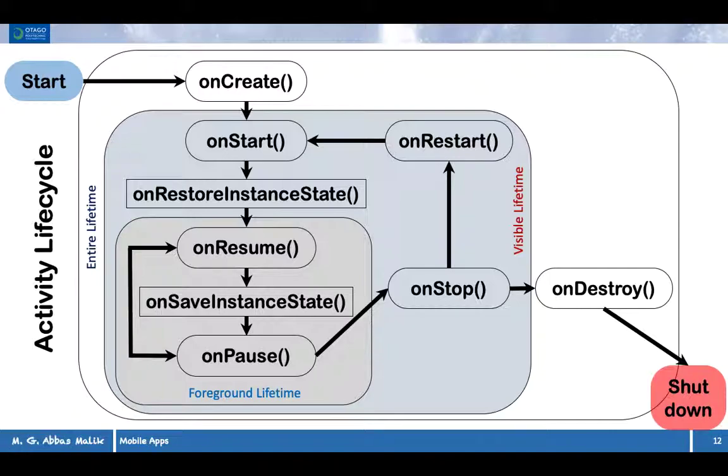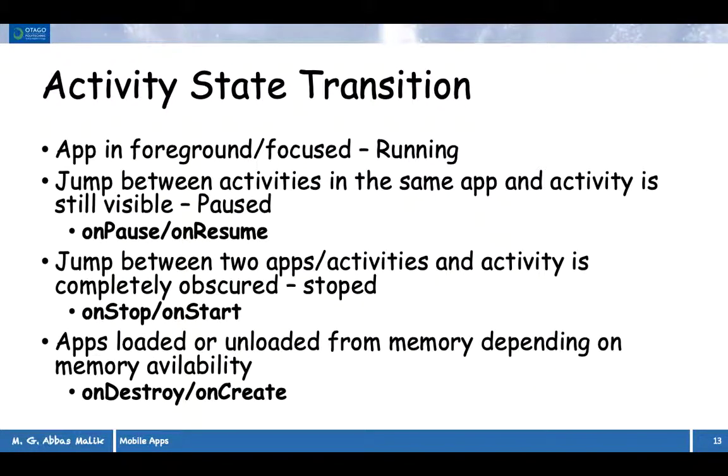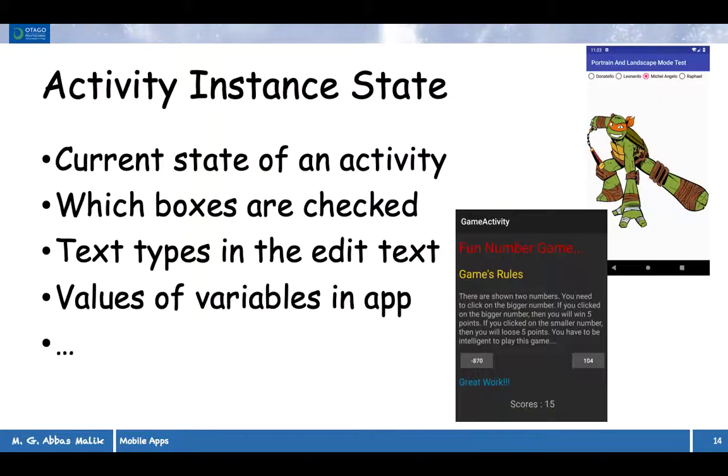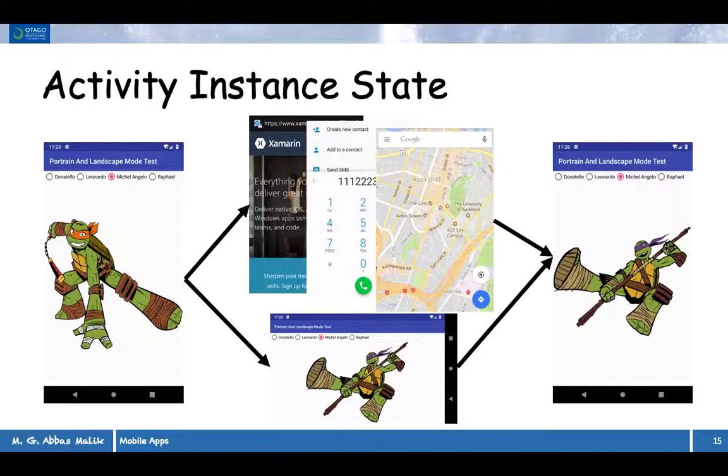Okay, so if you look at that, we have the activity transitions. So that's exactly what happened. The current state of the activity, which boxes are checked, the state types, what you have written down in the input fields, what the different values of the variables are. When you make the transition from the portrait mode to the landscape mode, or you go to other applications, or you convert back from portrait mode, that will change.